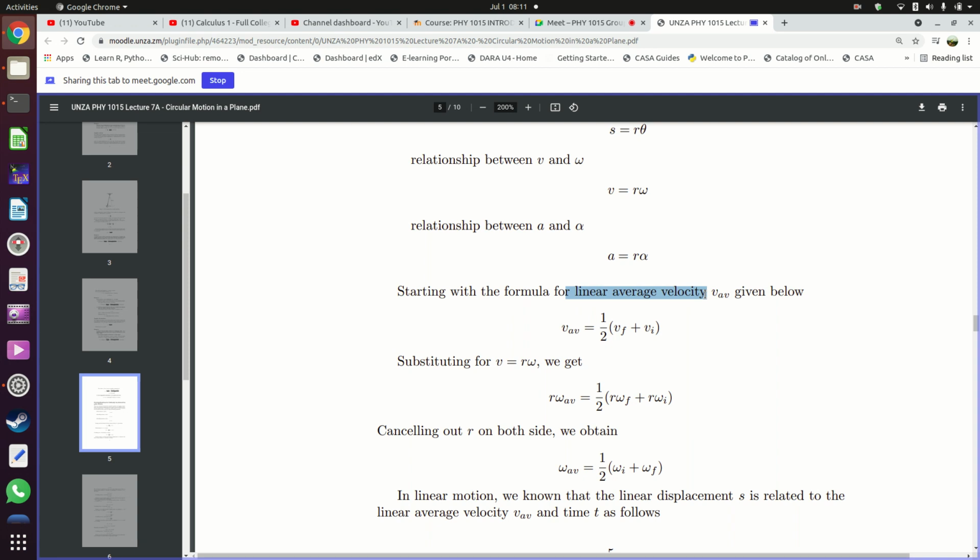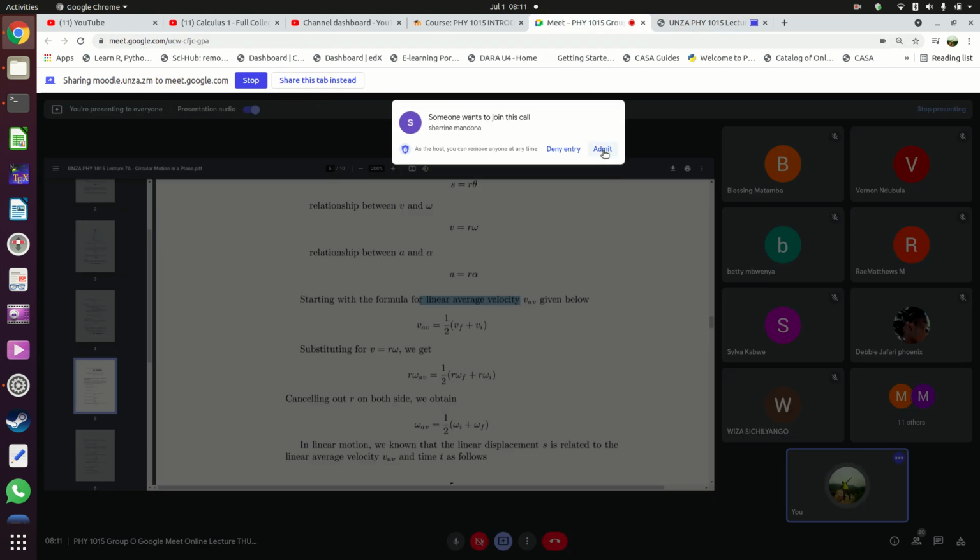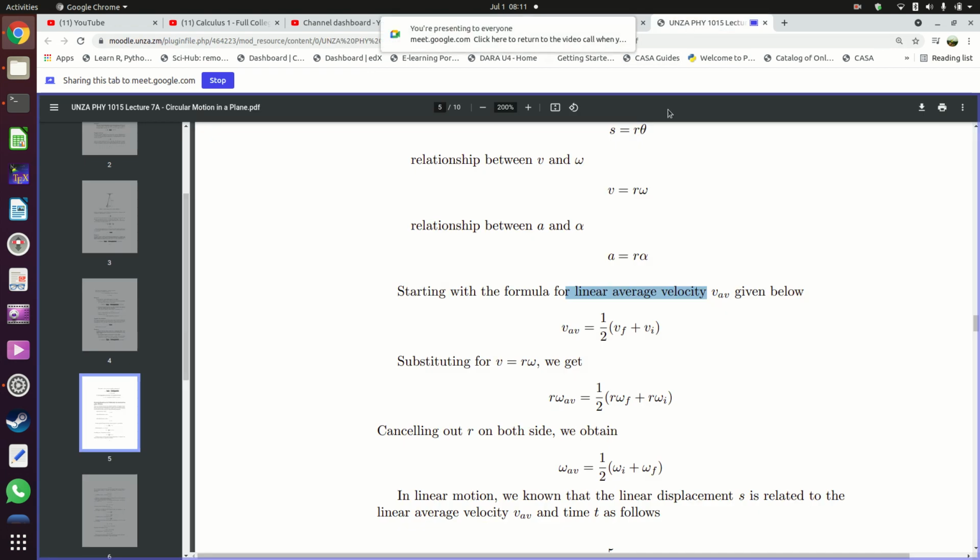You can work out average velocity using your initial velocity and your final velocity. Here we denote the initial velocity as vi and the final velocity as vf. If you add up your initial velocity and your final velocity, then divide the sum by 2, what you get is what is referred to as average velocity.